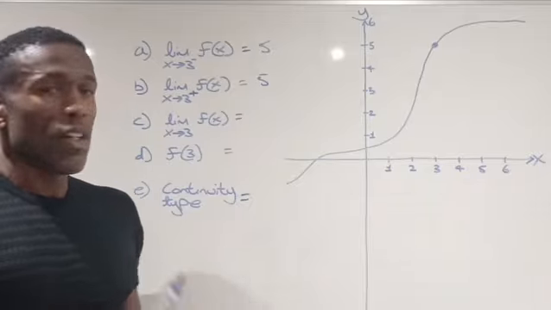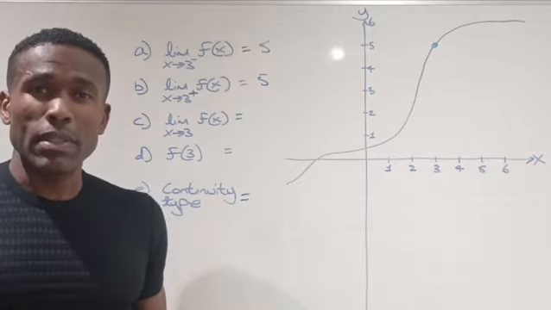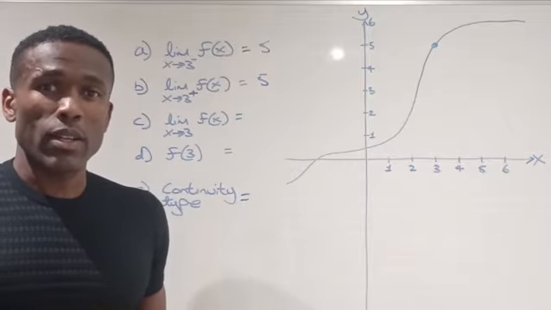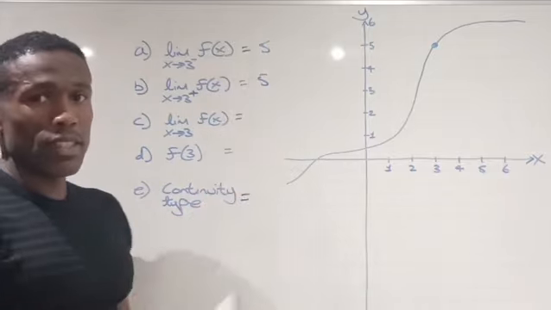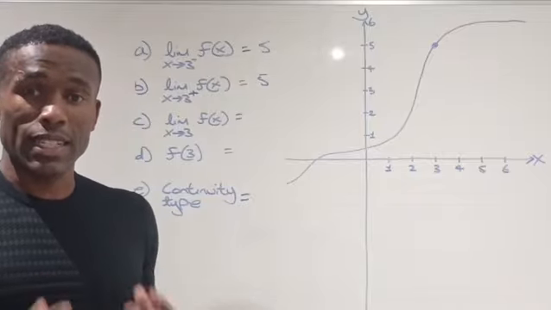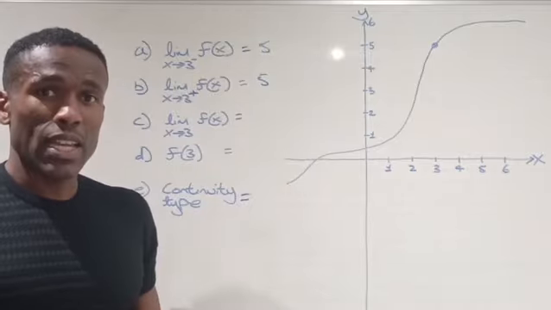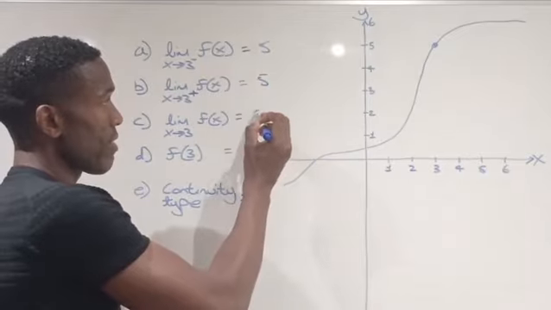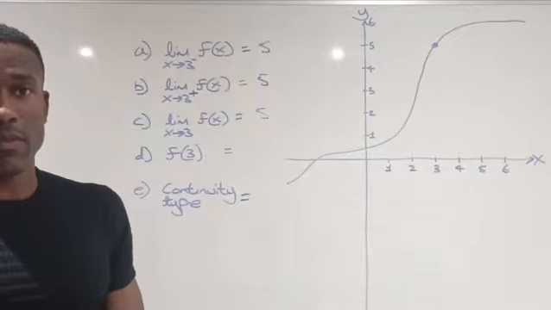Well, the function has a limit, and the limit is defined. We know that because both the left side and right-sided limits are equal to each other. So therefore the function has a limit when x equals 3, and it's defined at y equals 5.